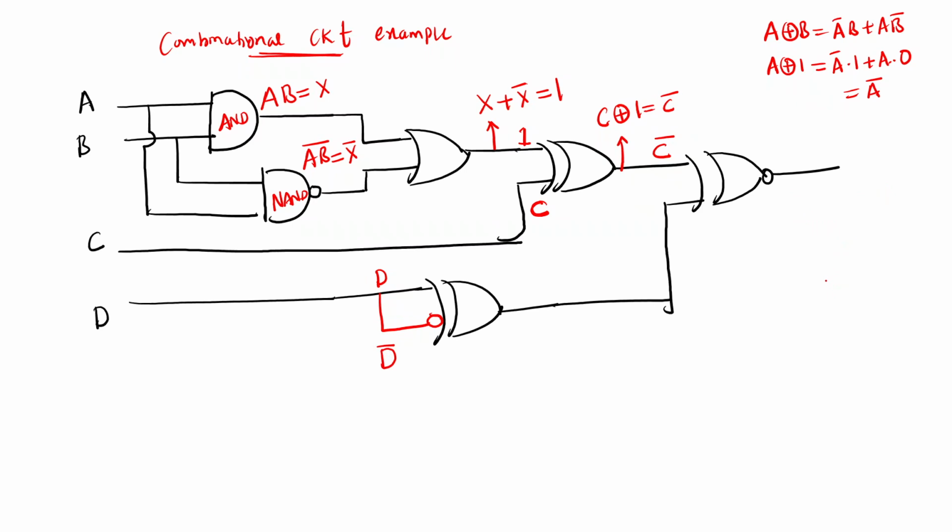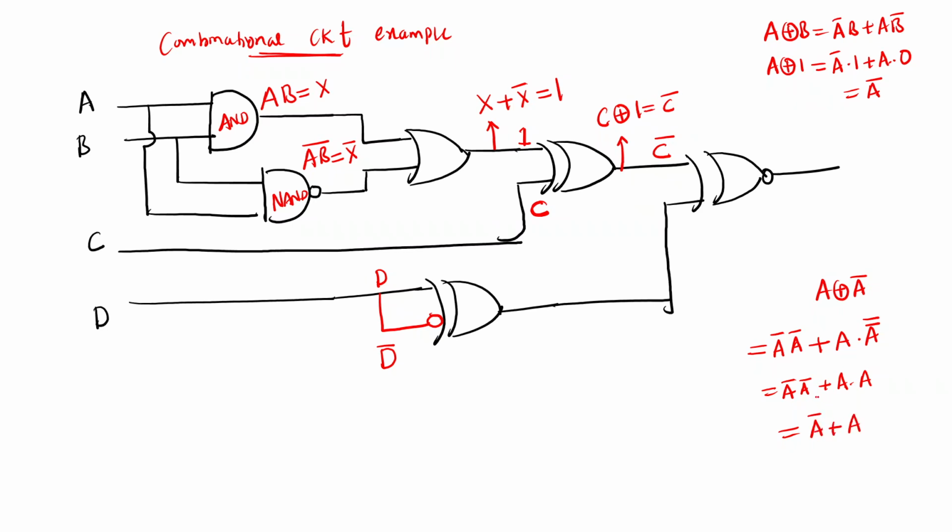So A XOR A bar: just expand it, A bar times A bar bar, plus A and A bar whole bar. A bar whole bar is A, so this is nothing but A bar plus A.